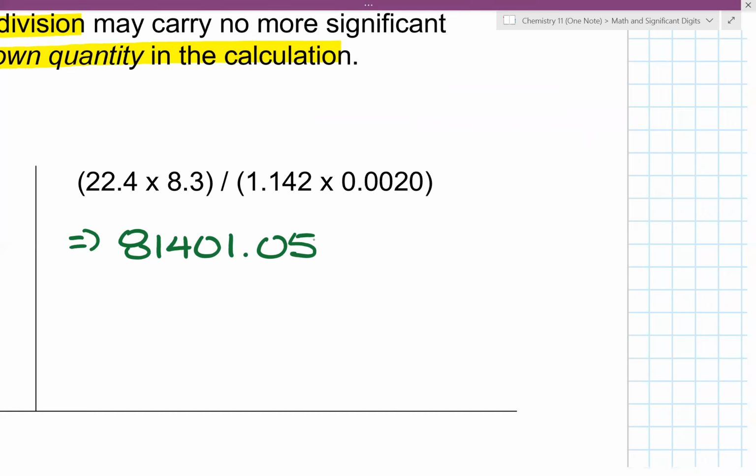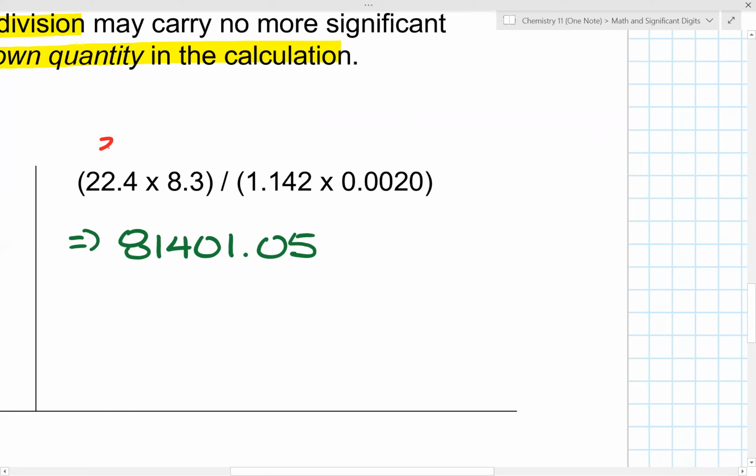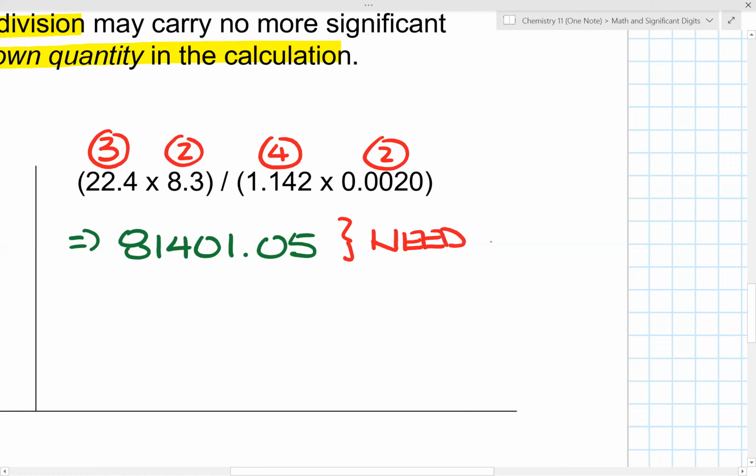Again, the next step is, what do you want to do? You need to check the number of sig figs of each of the numbers. So in this case, you have 3 sig figs in 22.4, 2 sig figs with 8.3, 4 sig figs with 1.142, and 2 sig figs with 0.0020. So again, in this case, I need 2 sig figs so that this number of sig figs matches up.